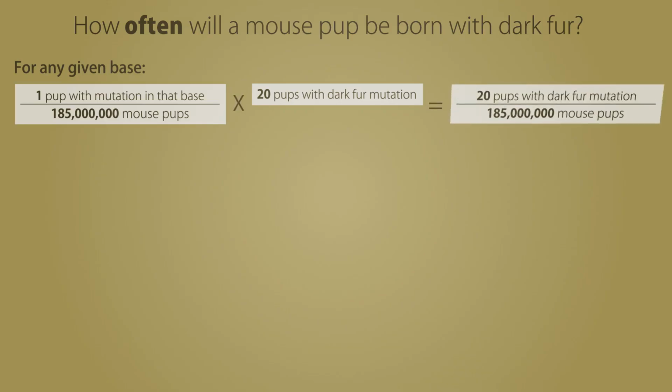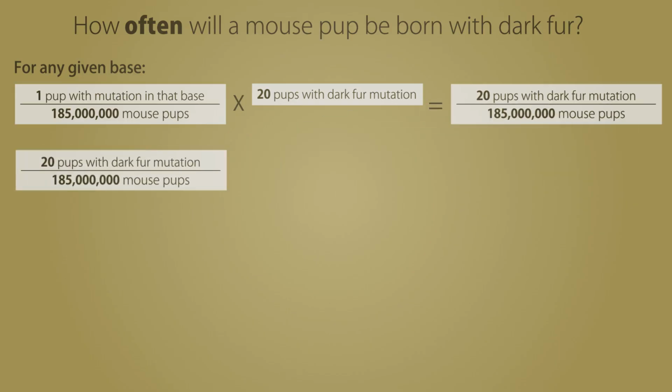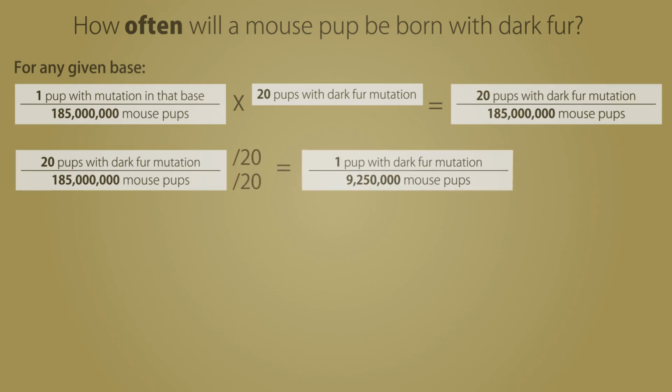So 20 out of every 185 million pups will have 1 of those mutations. To simplify and get 1 in the numerator, we can divide by 20. Now we know that 1 out of every 9.25 million pups will have the dark fur color variation. That's the mutation rate specifically for our fur color gene.